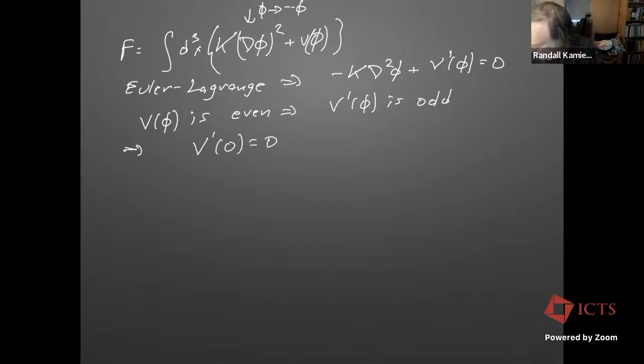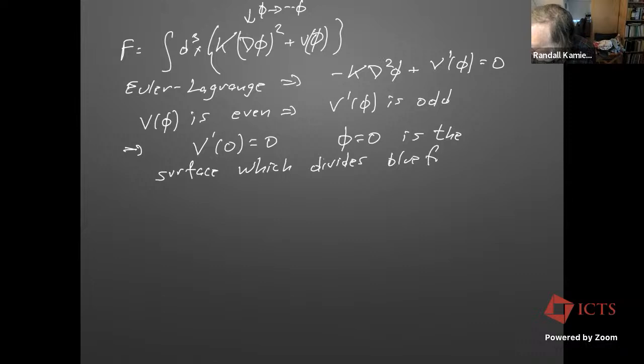And why is 0 interesting? Because phi equals 0 is the surface which divides blue from red. Right? So you imagine you have this surface. Over here, it's very red. Over here, it's very blue.